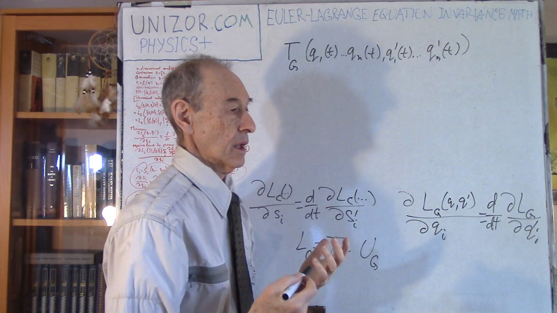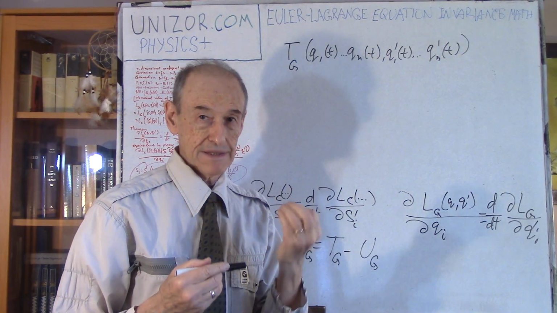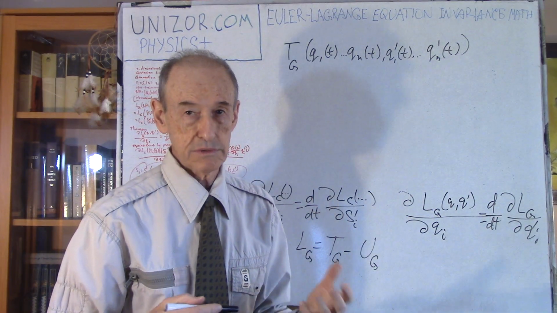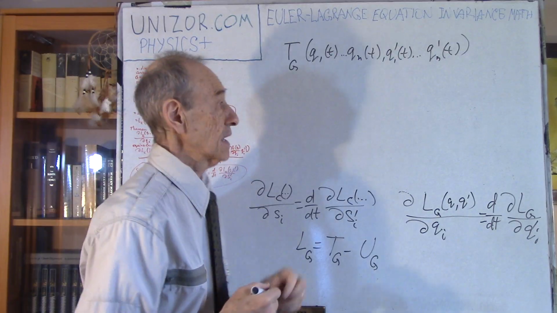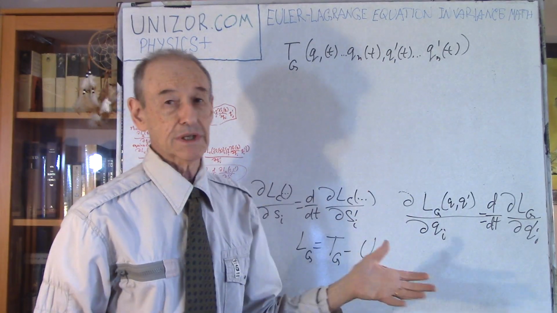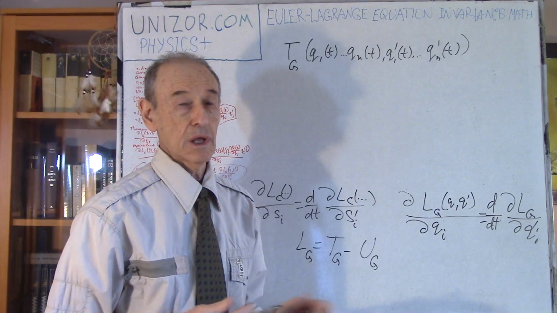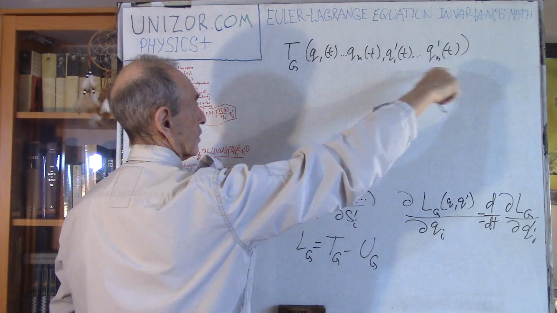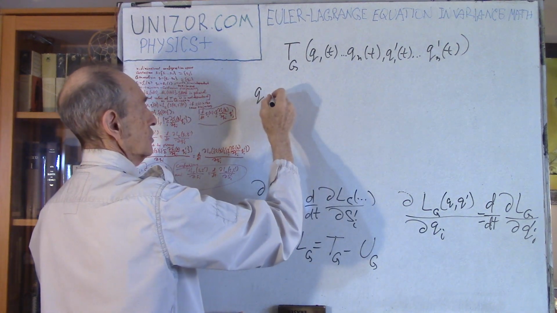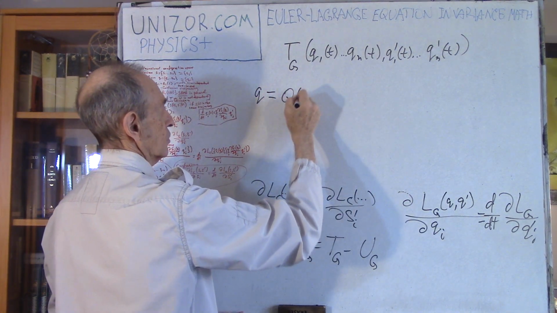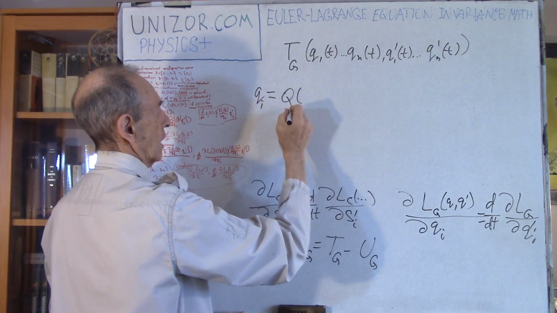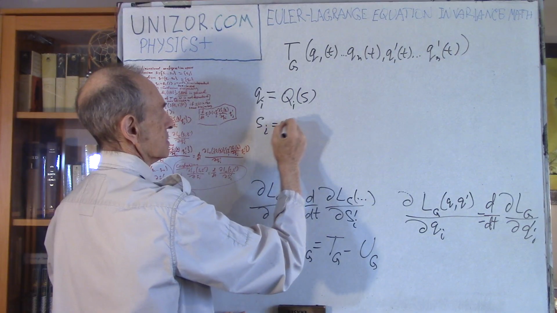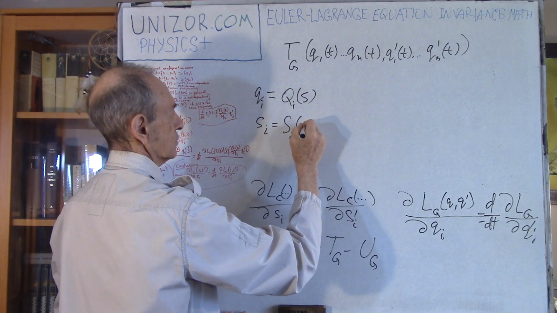Now, the value of this kinetic energy, as a numerical value in some measurement units, whatever the measurement units are, is supposed to be the same no matter what kind of coordinate system I choose. So basically, if this particular trajectory, so if q is q of s, well, let's put it, qi is qi of s, and si is capital Si of q.